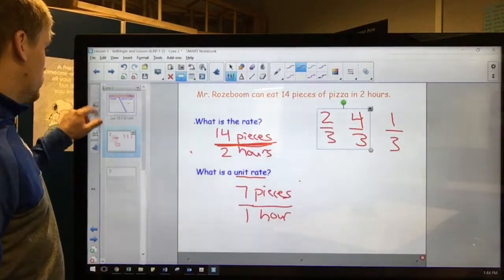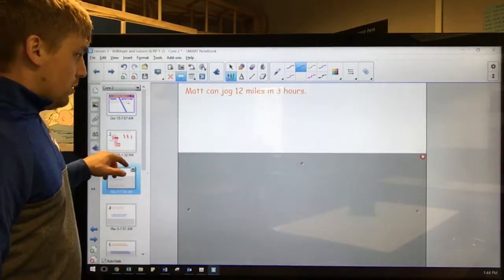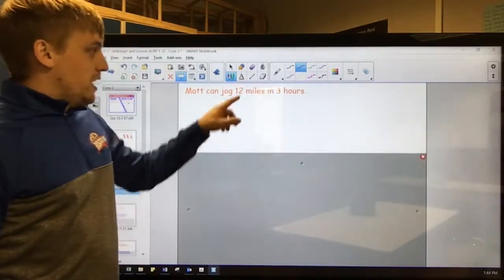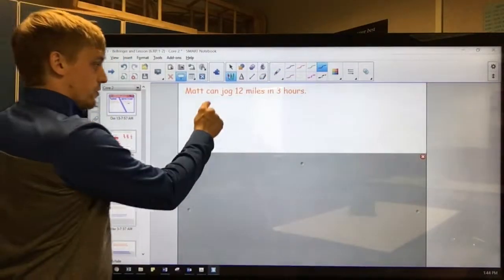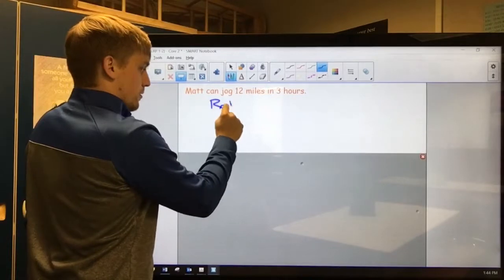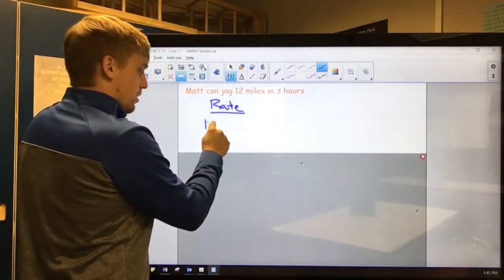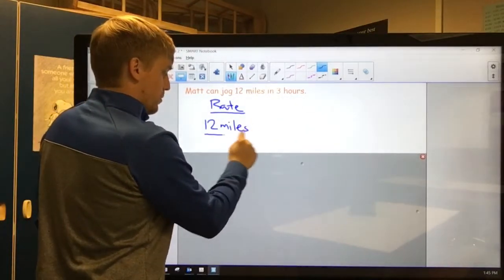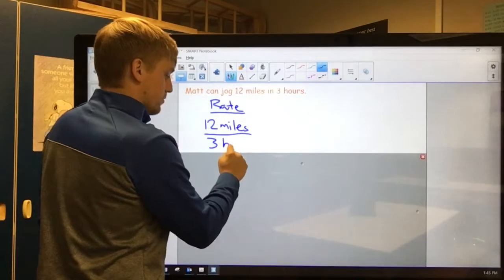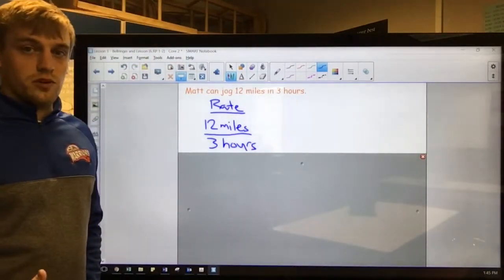Okay, let's try the next one. Matt can jog 12 miles in 3 hours. So the first thing I'm going to do is write the rate. The rate is 12 miles per 3 hours.